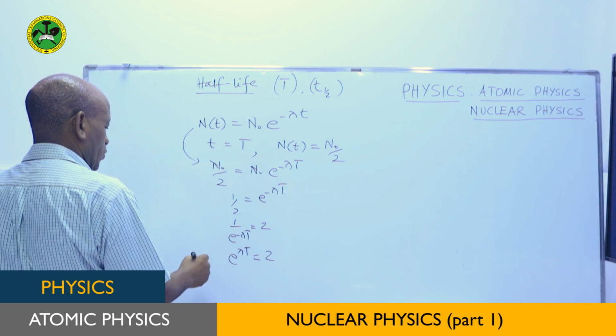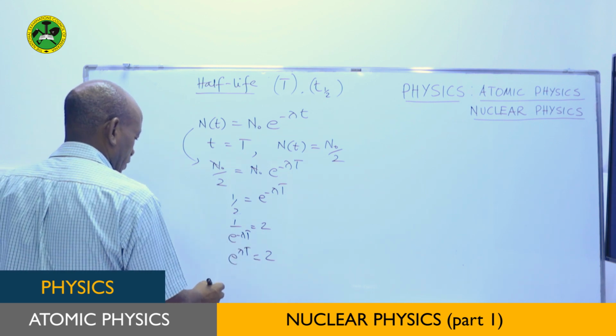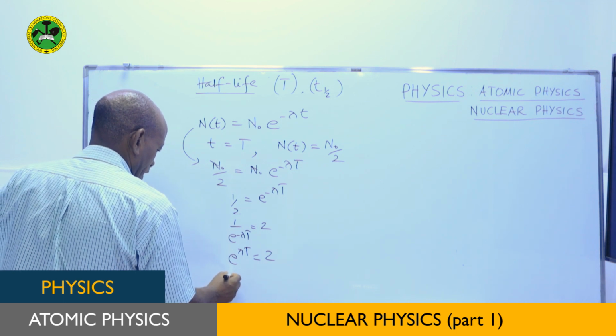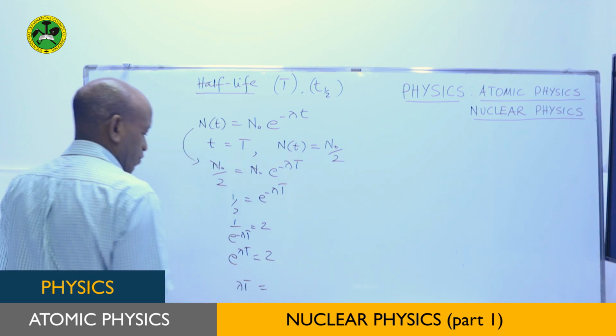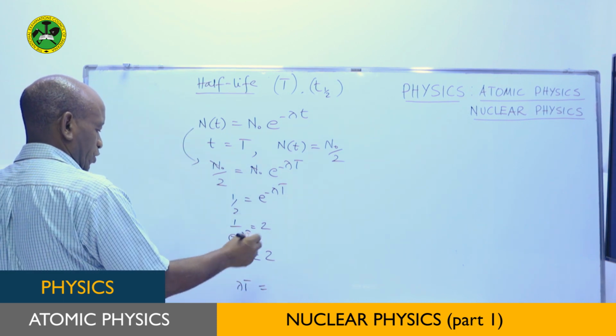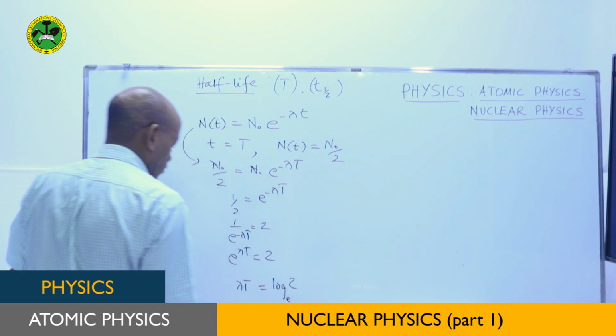So we can take the natural log on both sides, so that here we'll have lambda times T. If I'm taking ln to both sides, here I'll have the natural log of 2.